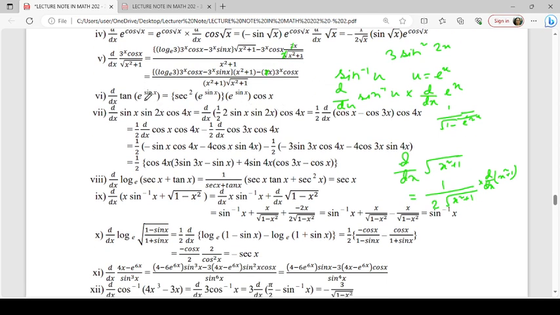Then tan of e to the power sin x. First it is the tan function, so it is sec square e to the power sin x, then into d/dx of e to the power sin x, which is e to the power sin x, and then the derivative of sin x is cos x.